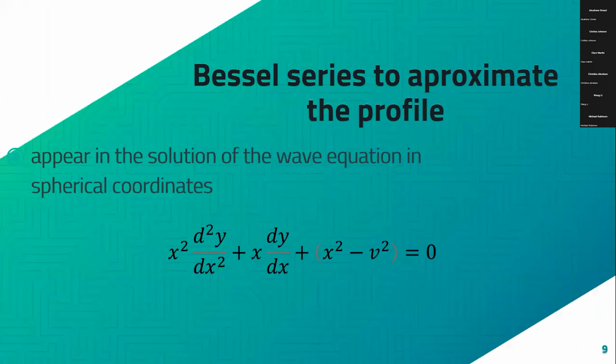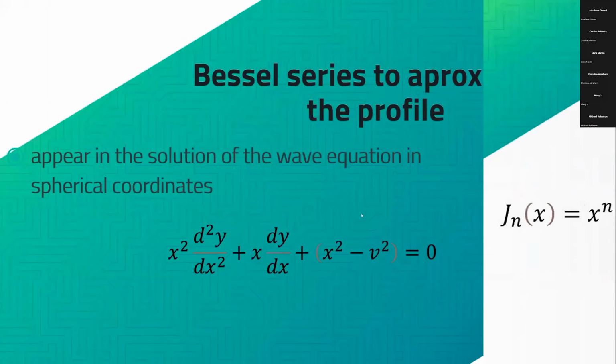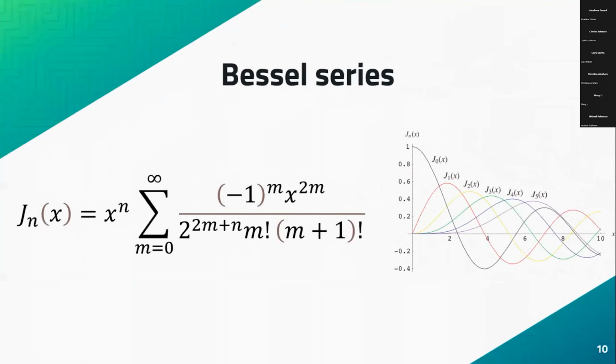The Bessel series is used to approximate this profile, the profile obtained by the light passing through the hole, and the Bessel series is a solution of the wave equation in spherical coordinates that we know. Then the Bessel series that explains this profile is like this equation.